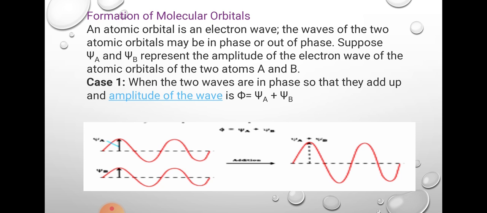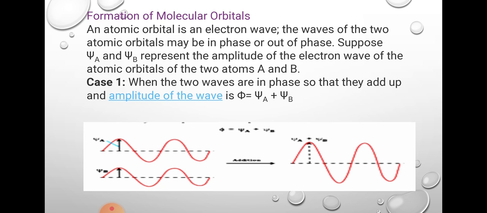Now let's see the formation of molecular orbitals. An atomic orbital is an electron wave. Okay, psi, the symbol I am using, you should have understood that it is related to wave. So an atomic orbital is an electron wave.